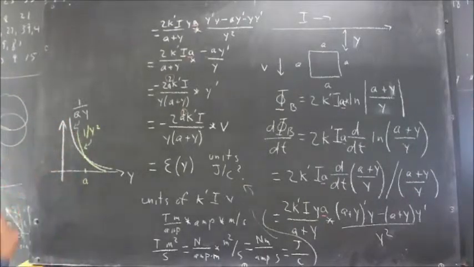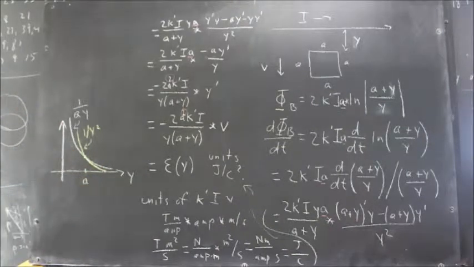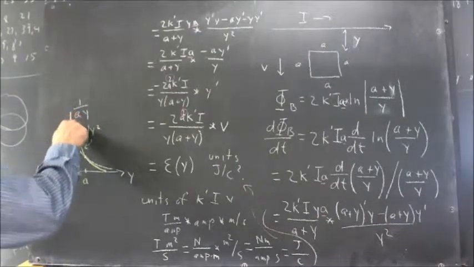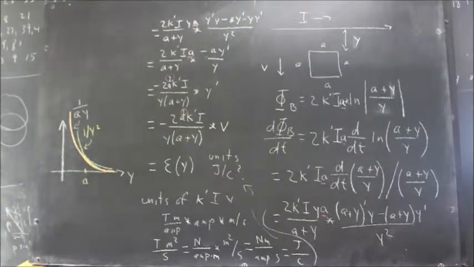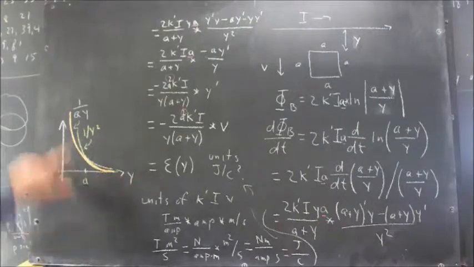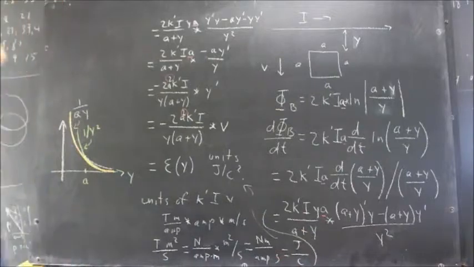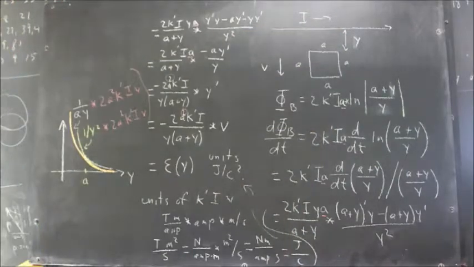You're going to have this behavior close, and this behavior far away, so you get something that looks maybe like this. That's how your EMF will decrease as you pull the square away from the current running along the x-axis.